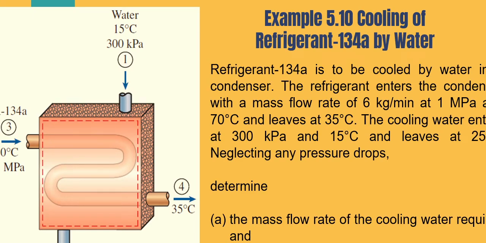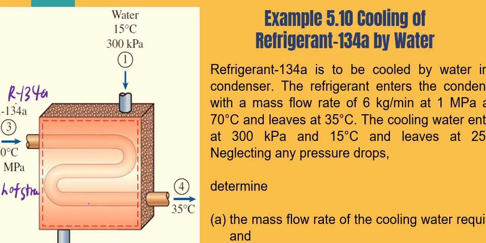Okay, now let's take a look at this example. Refrigerant 134a is to be cooled by water. So you have this refrigerant, same diagram as in the previous slide, meaning that this is the hot stream, from hot to cold.